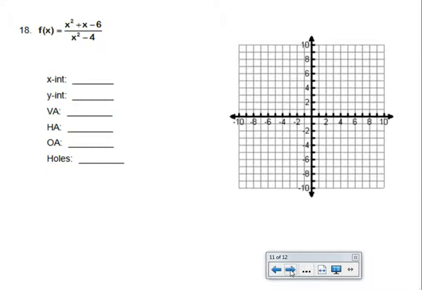Okay, number 18. I see a lot of factoring going on, numerator and denominator, so I'm going to go ahead and factor it through. So x plus 3, x minus 2 for the numerator, and x plus 2 and x minus 2 in the denominator. First thing I notice is there's a removable discontinuity at, if I solve that, x equals 2.